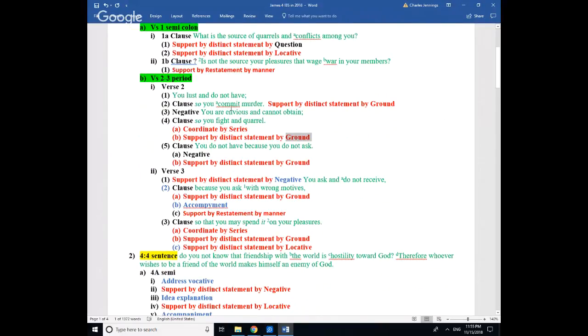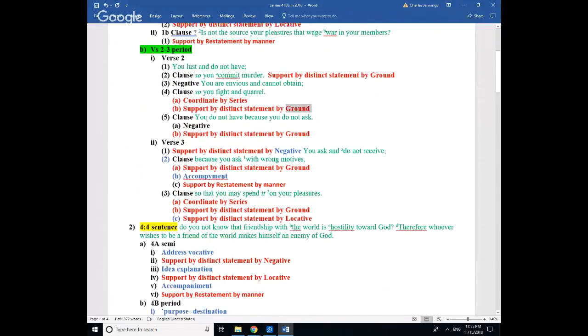You do not have. Now watch this one though. You do not have. This is an independent clause. You is the subject, and do not have is your verb. So that stands by itself. But then you have because, which is dependent: you do not ask.